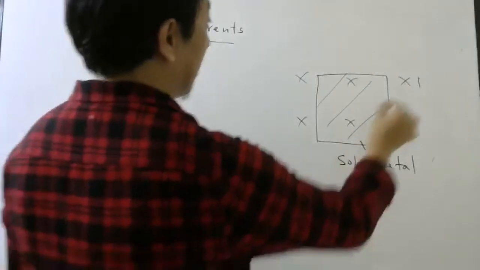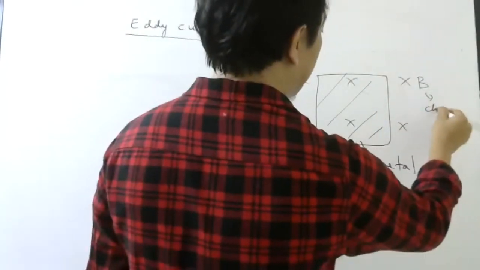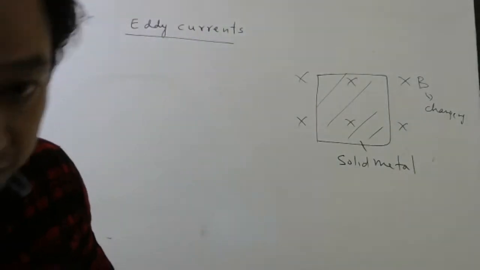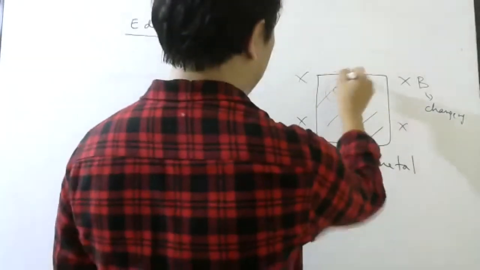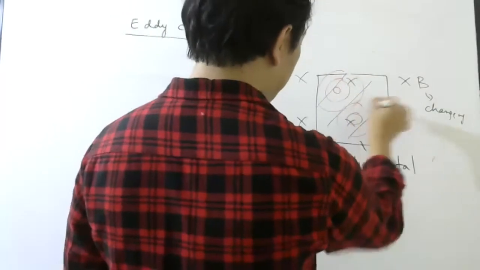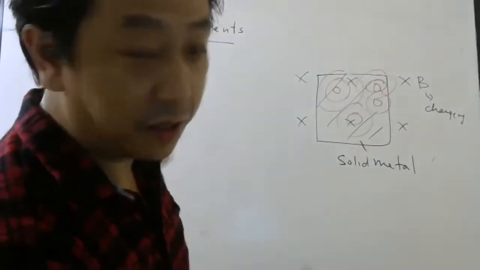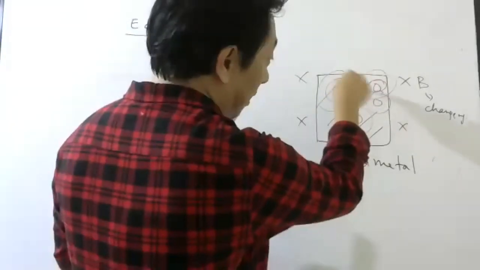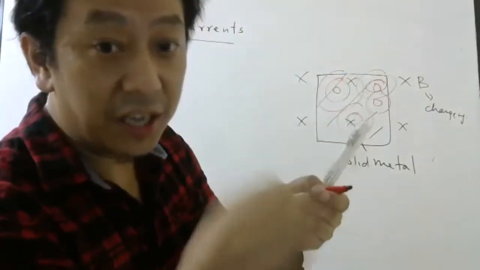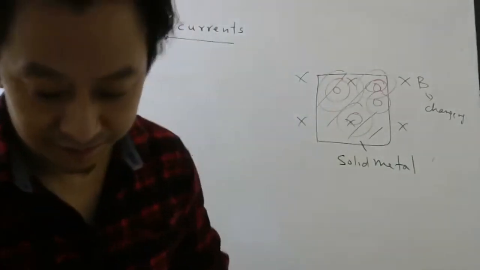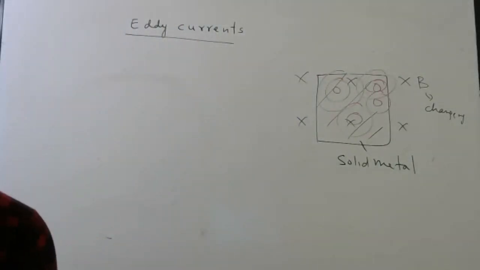And if the magnetic field is changing, then you know there will be electric fields produced like this, like this, like this. Yes or no? So under the action of this electric field, the electrons will move and create current. That current is what we call eddy current.